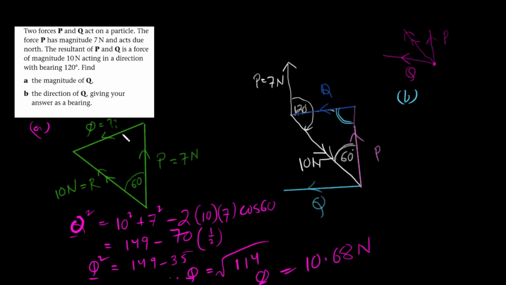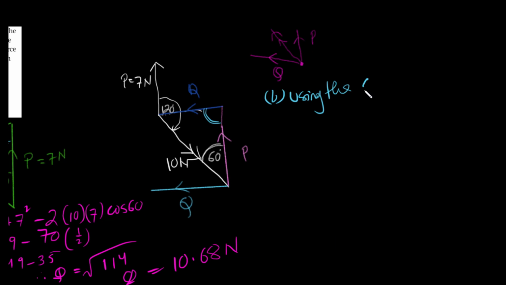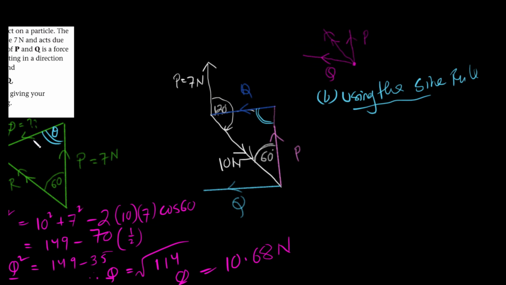First of all, let's find this angle, then we can figure out what the angle would be in bearing. Let me call this angle theta. Using the sine rule, sine theta divided by the opposite side, which is 10 Newton, equals sine 60 divided by the opposite side, which is the force that we just found, 10.68.